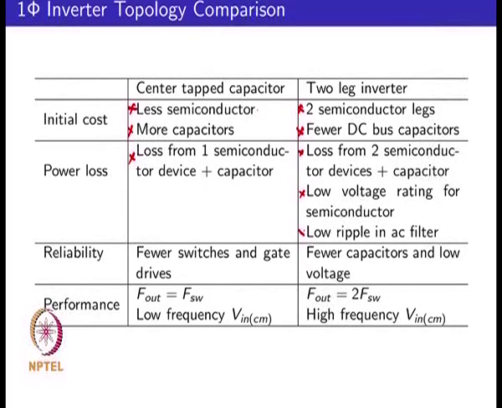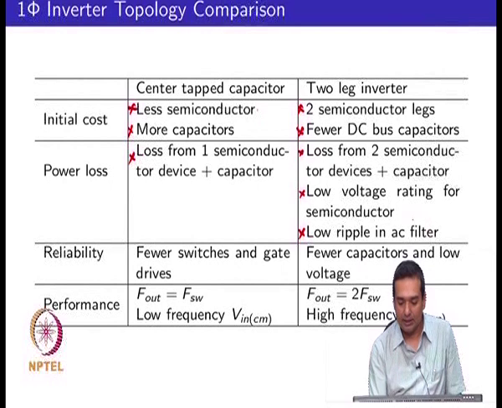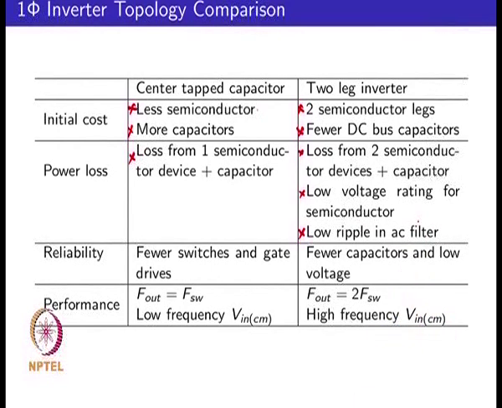You can also consider the effect of, say, modulation method 1, where we saw that the effective output frequency is twice the switching frequency. So, your ripple current in the output filter would be lower because of the higher equivalent frequency, which means that potentially there could be some energy savings because of reduced ripple current in your output filter.